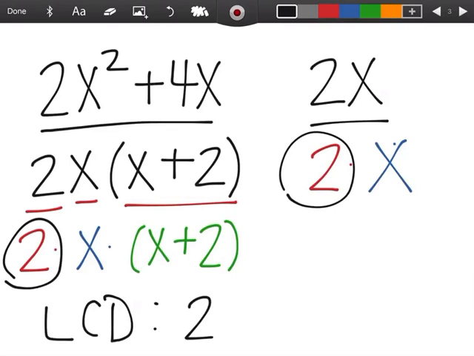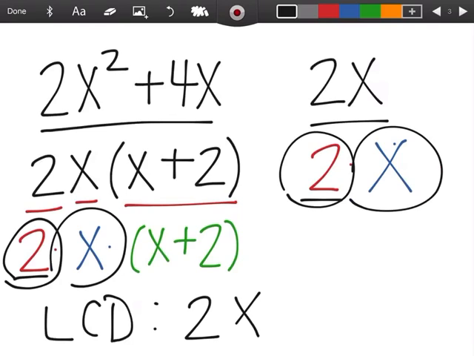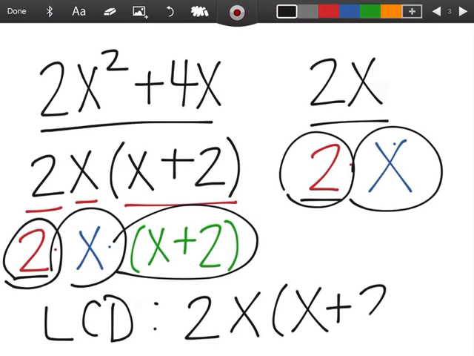The least common denominator between just 2 and 2 is just 2. And then I need an x, and I only need one of them, because it's not like either polynomial by itself has an x squared in it. And then I also need this quantity x plus 2. So the entire least common denominator would be 2x times x plus 2.